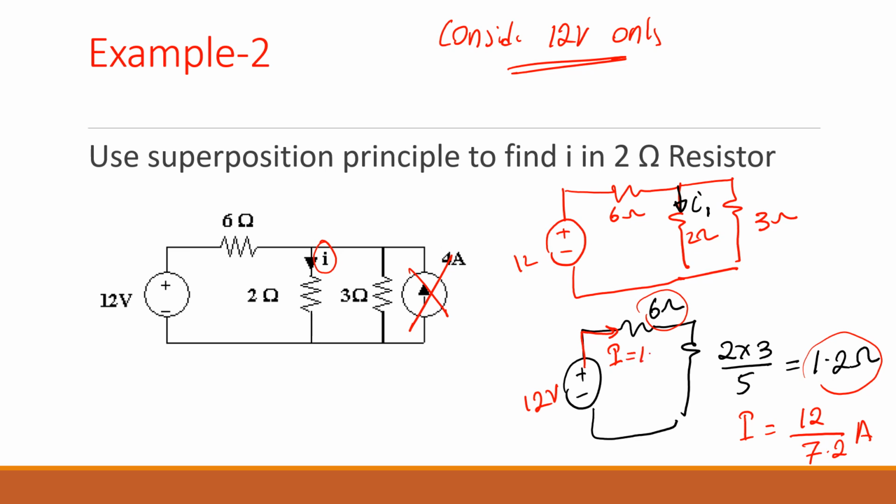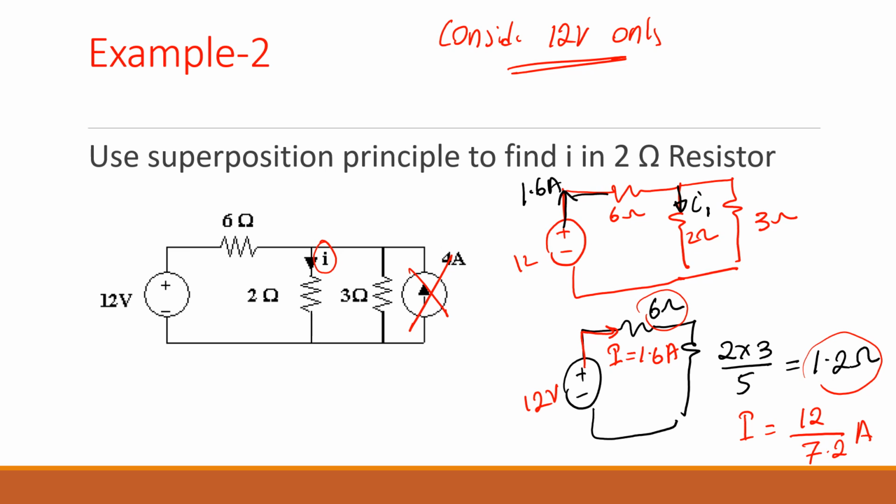Am I right? Do you get the same? So I get a current of 1.6 coming out from 12 volts.